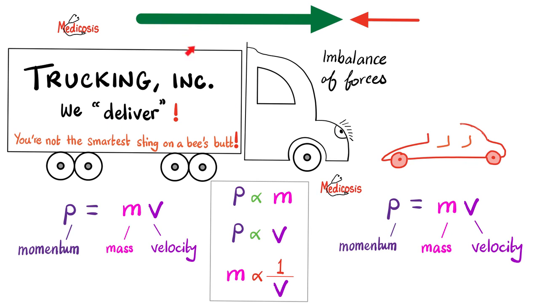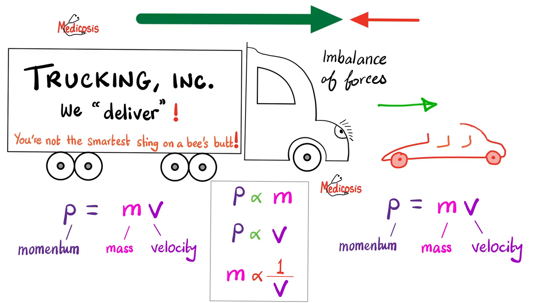Let's suppose that we have a big truck and a small car. They are driving in the opposite direction and they will collide in the midline. And let's suppose that both of them were driving at the same speed, about 100 kilometers per hour. After collision, which one will push the other one? Well, since the truck has a higher momentum, the truck will push the car in this direction.